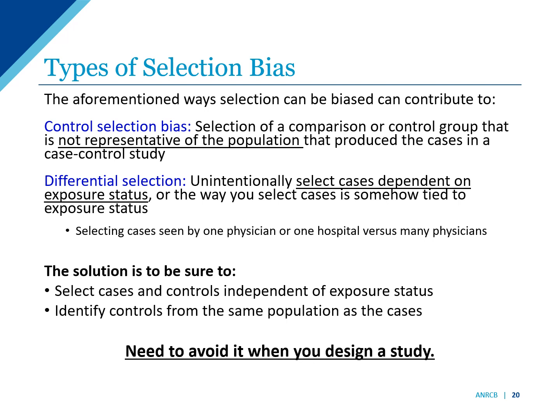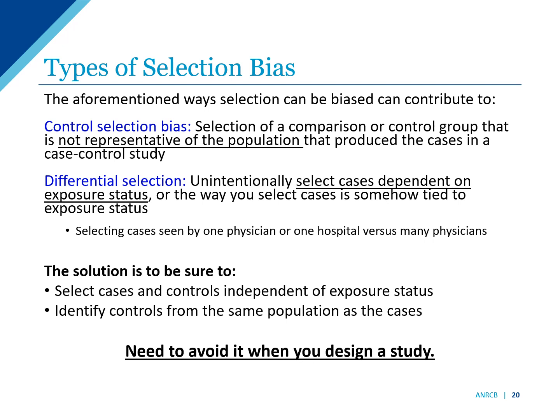These aforementioned ways selection can be biased can also contribute to control selection bias, so how you choose a comparison or control group that is not representative of the population that produced the cases, or differential selection, where you unintentionally select cases dependent on exposure status.